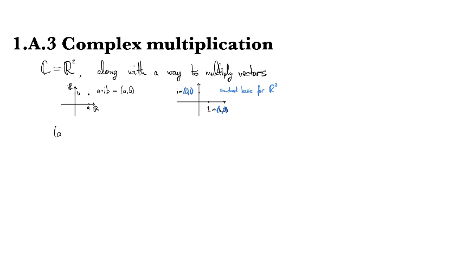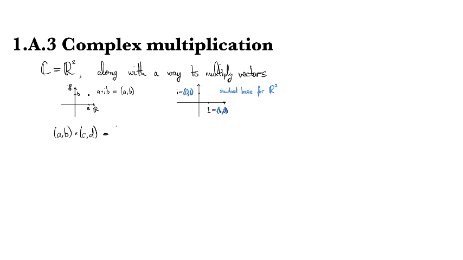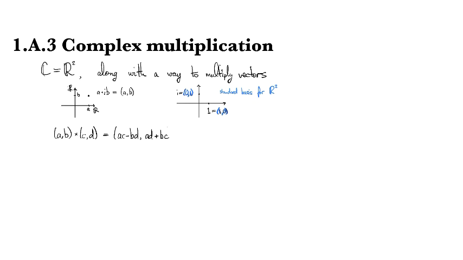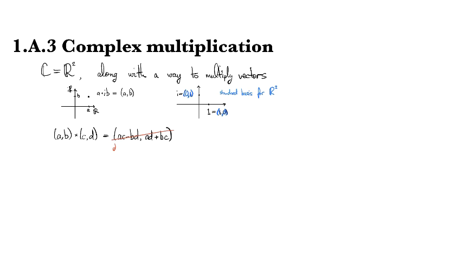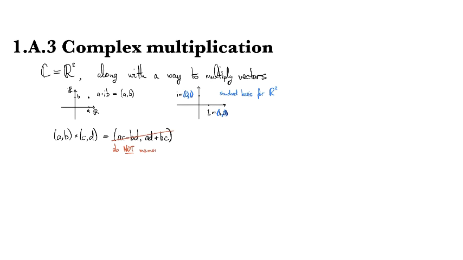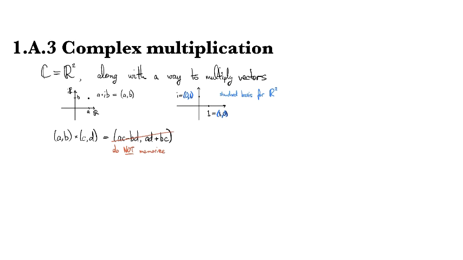So we take the point AB and we multiply it by the point with coordinates CD, and what we get is the point with coordinates AC minus BD and AD plus BC, which looks like a bunch of crazy nonsense, and in fact you should not memorize this. There's no point to doing so, and it's probably just confusing.